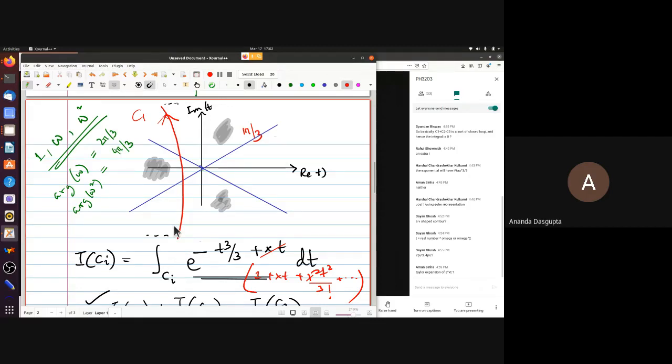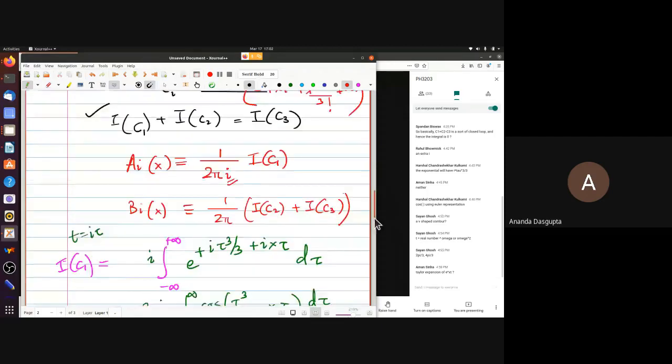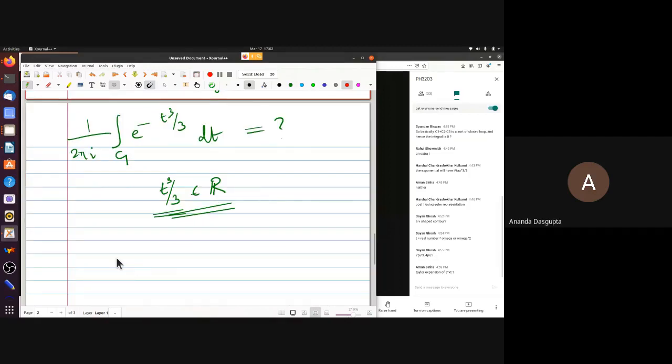Now the basic idea behind the saddle point approximation is like this. You're exponentiating a function like this. Your integral is an exponential, and you're free to distort your contour any way you want, as long as you keep the end points within the correct sectors.